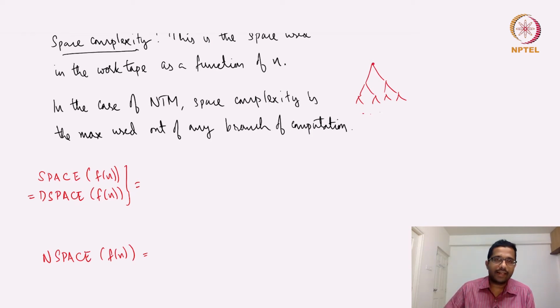This is the analog of DTIME T(n). We said DTIME T(n) is all that can be computed with time complexity T(n) by a deterministic Turing machine.